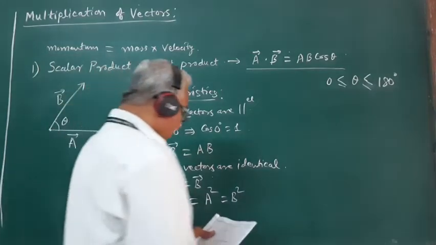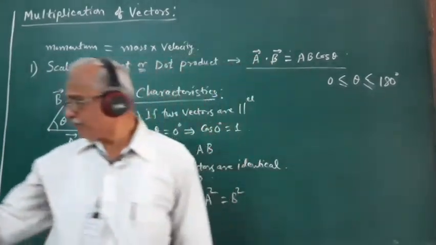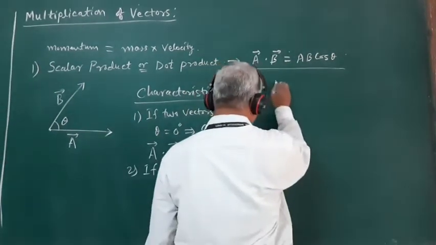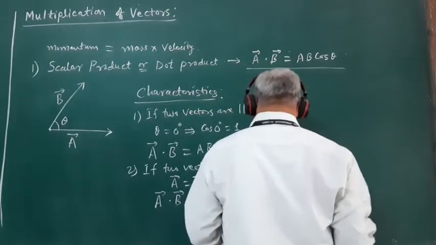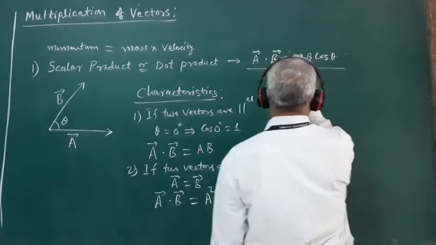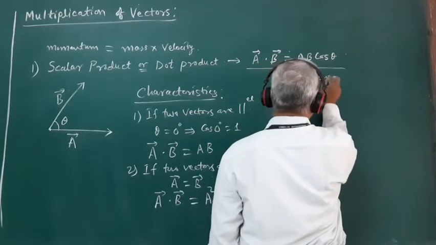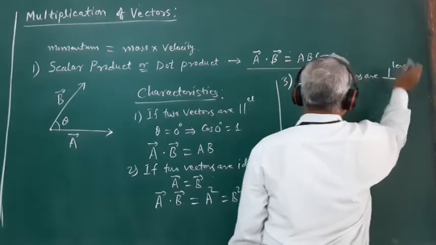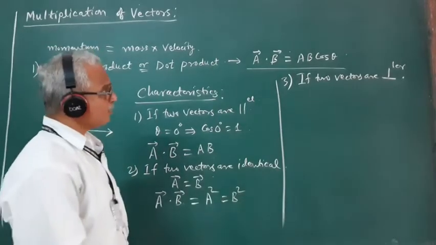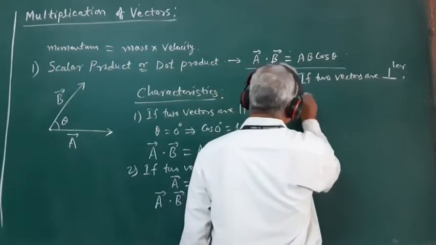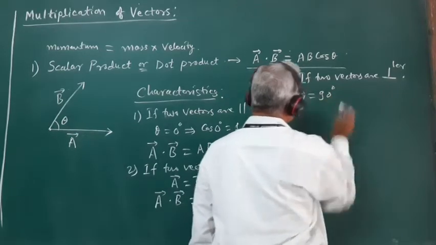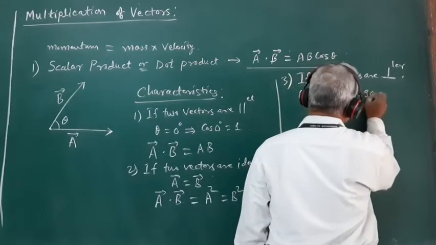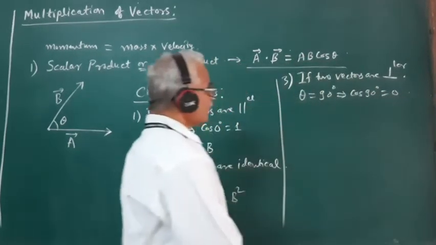So that is the second characteristic of the dot product. Then the third characteristic of the dot product is if the two vectors are perpendicular. If the two vectors are perpendicular to each other, then the angle theta between the two vectors will be 90 degree, and if theta is equal to 90 degree, the value of cos 90 works out to be equal to 0.